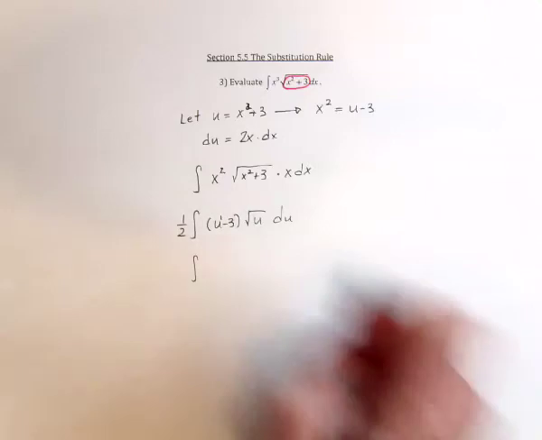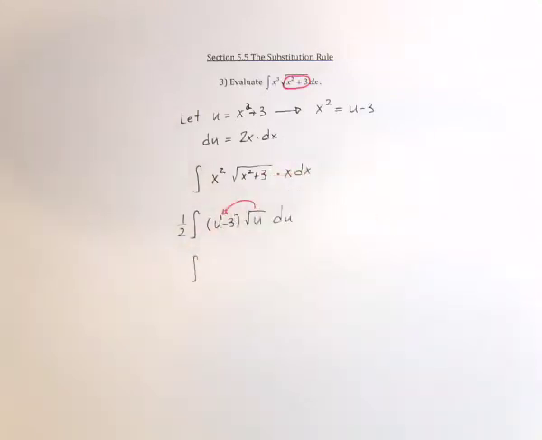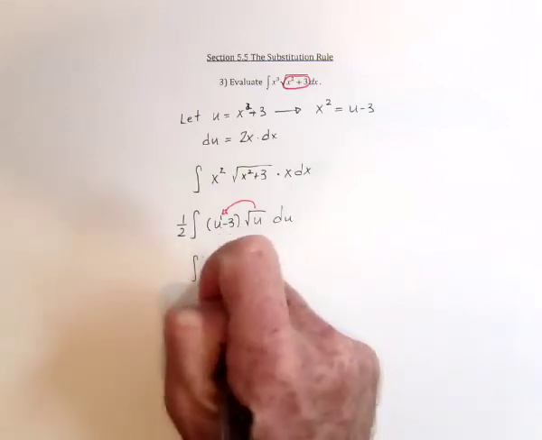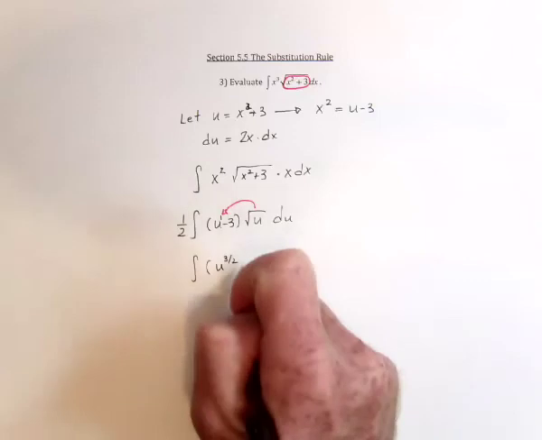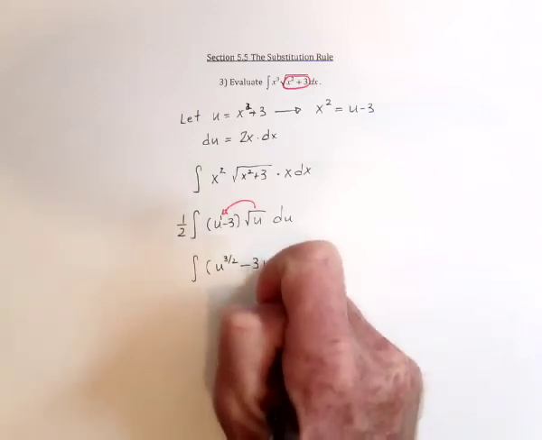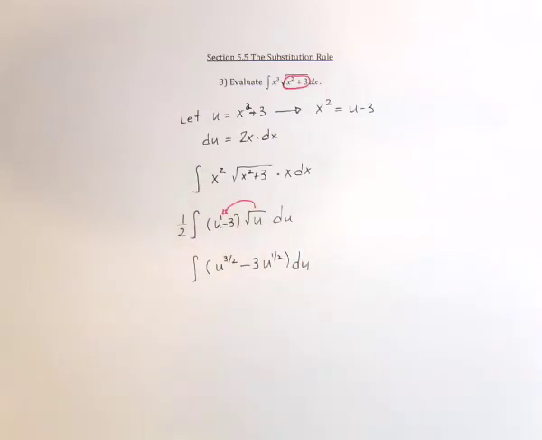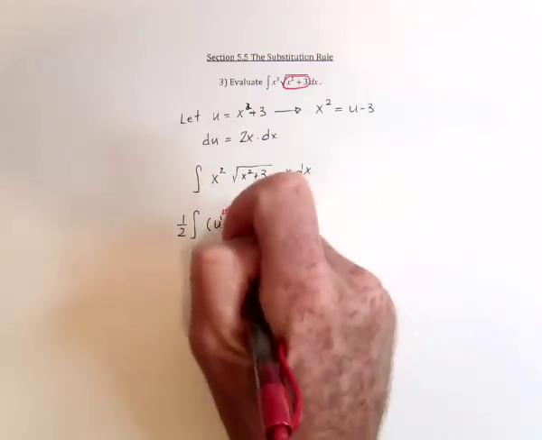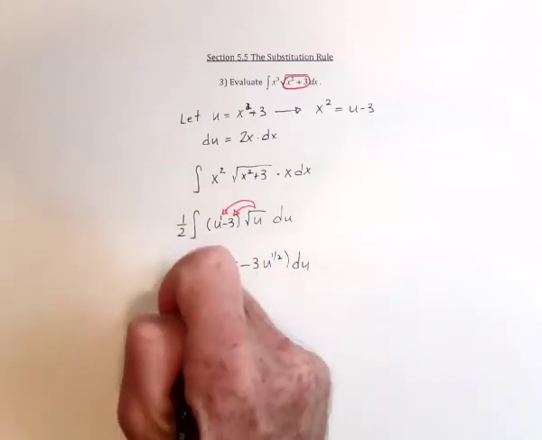So if you distribute, there would be a u to the 1 plus a half, that's 3/2. So just using algebra, we got that. And then minus 3 u to the 1/2 when I distribute this way. And the 1/2 is still in front.